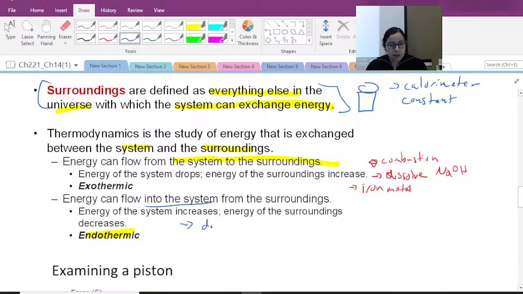I think if you dissolve ammonium chloride or something, that tends to be endothermic, and it takes heat. That's in those little instant ice packs. Or they also use urea or some sort of crystal and water, which is also endothermic.